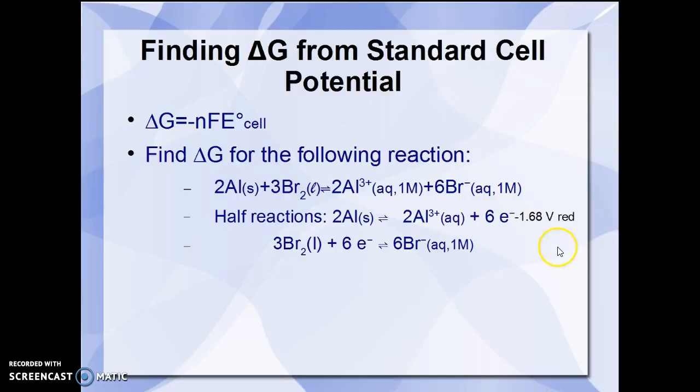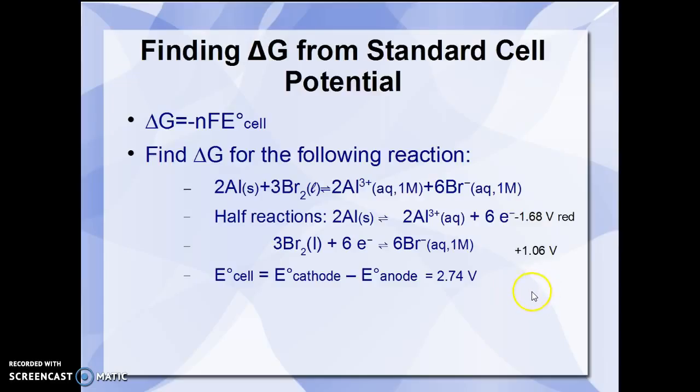If we then look up the half cell potentials, for the aluminum it's minus 1.68 volts, and for the bromine it's plus 1.06 volts. We subtract this from that and we get a standard cell voltage of 2.74 volts.